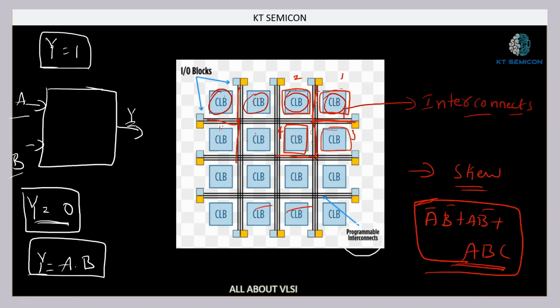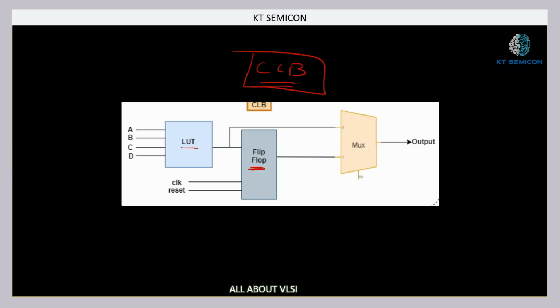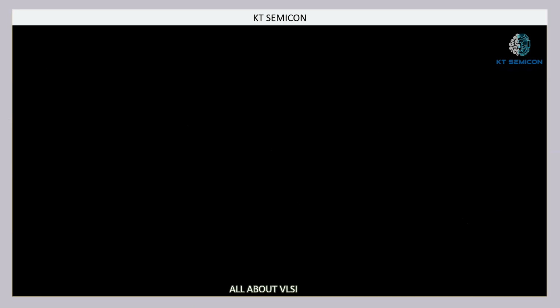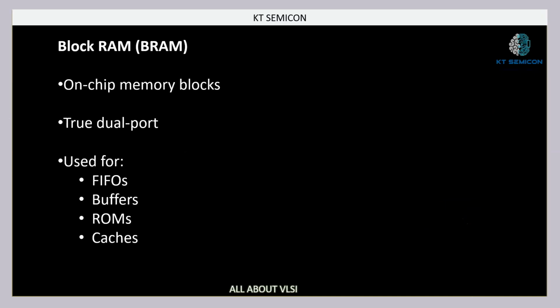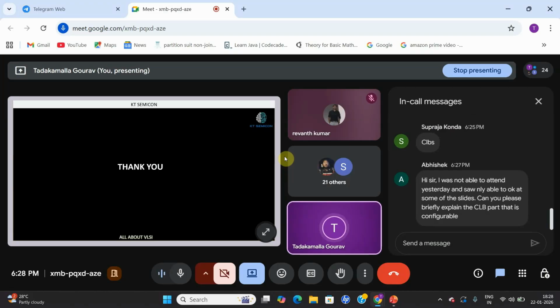Using this concept, we can achieve parallelism. So that's why FPGAs are very high speed, and you can achieve parallel processing using FPGAs. So that is what we discussed in our previous sessions, and these were the notes about this. I'm not able to get some of this.